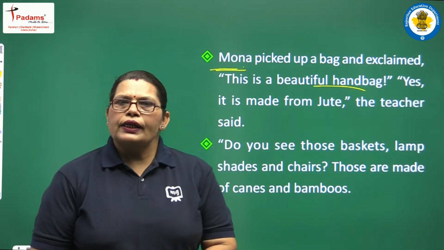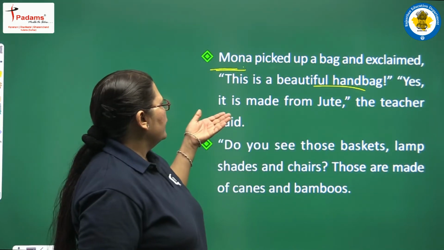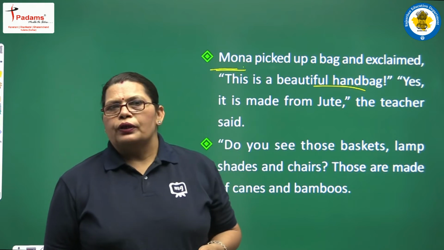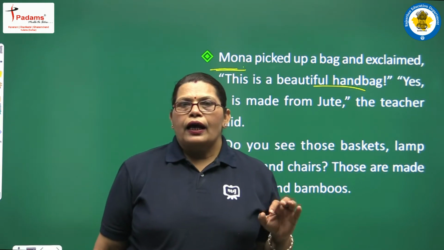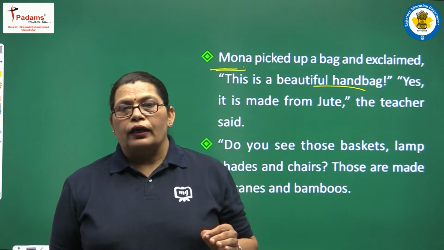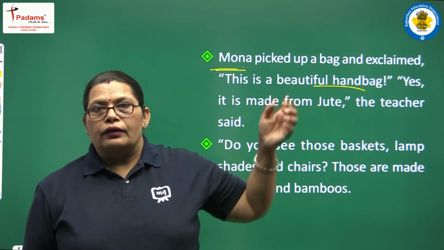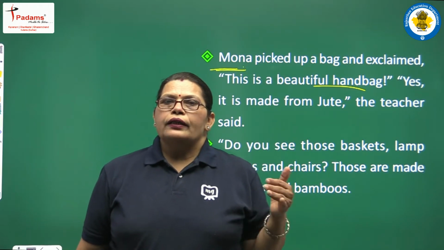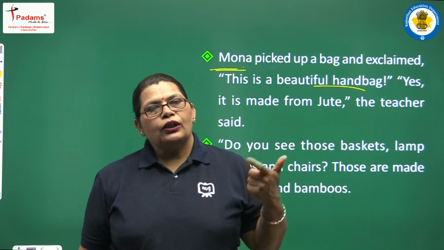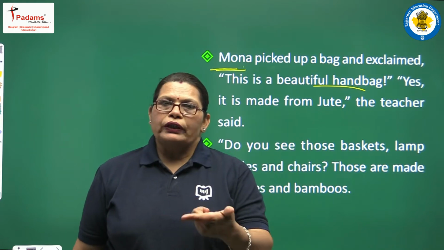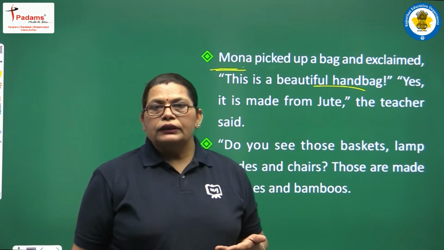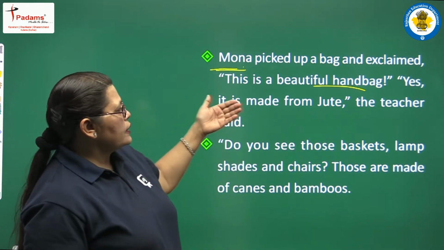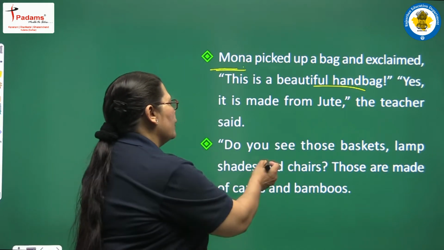Then her teacher replied, "Yes, it is made from jute." This is an amazing fact for Mona, because many other things are used in manufacturing bags, and seeing jute used is really amazing for her.